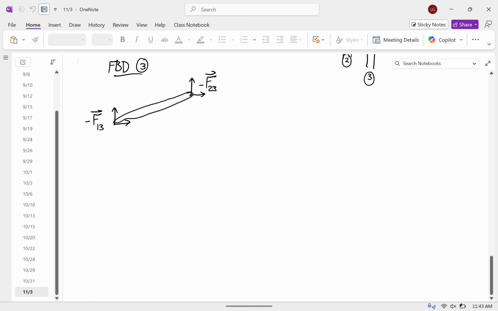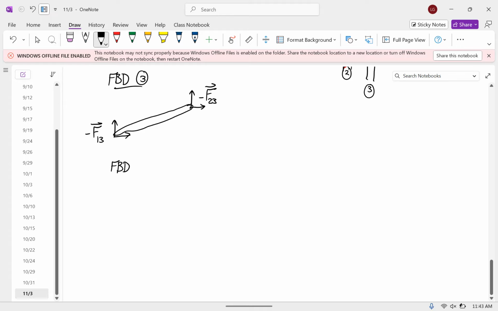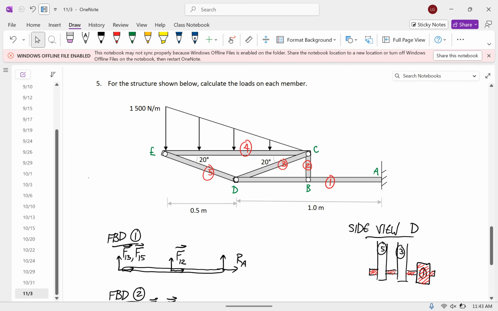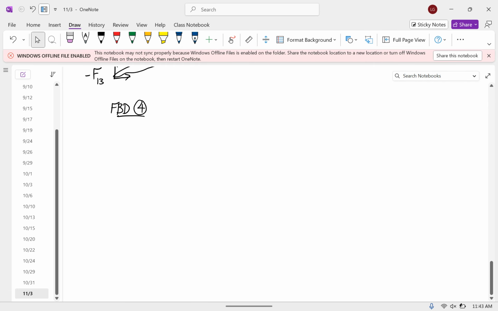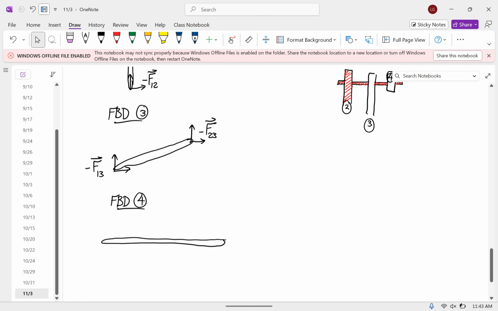And now we'll go to member 4. So that's the top one. That one has the distributed load acting on it.